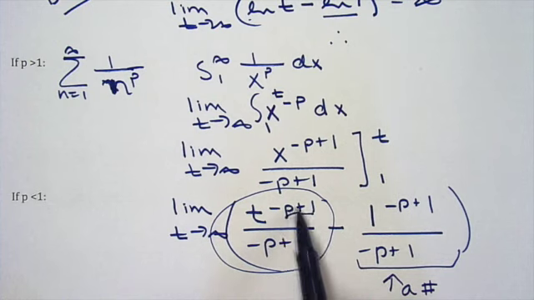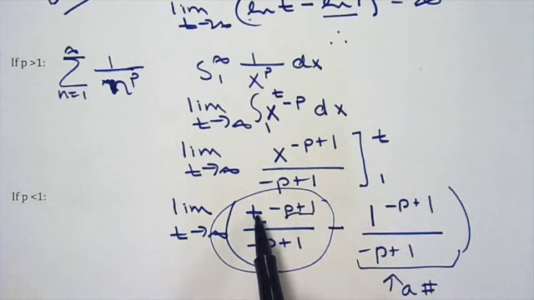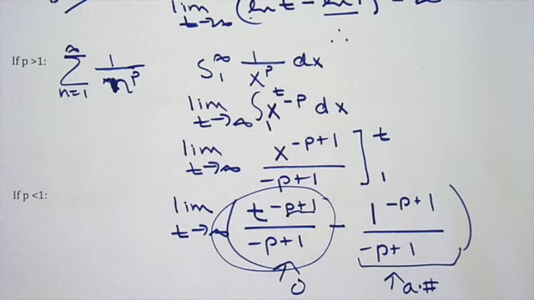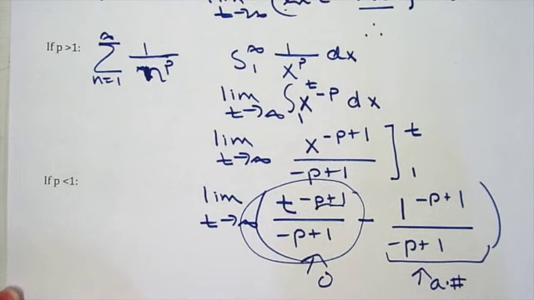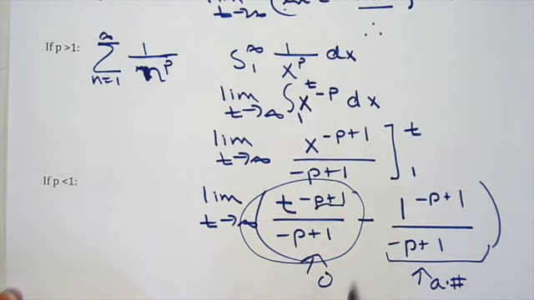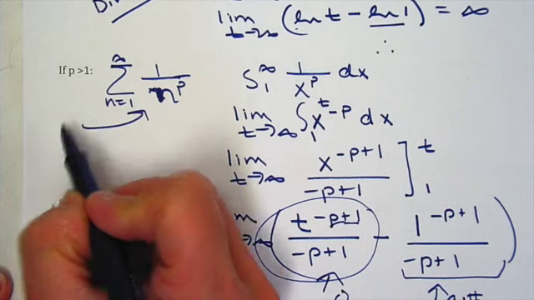This will still be negative. So what's going to happen is the t ends up going to the bottom. So if infinity is on the bottom, this fraction will go to 0. So this is going to go to 0, this is going to go to a number, so the whole thing will be a number of some kind, so we're going to say that this integral converges. So if the integral converges, we can say that this series converges.